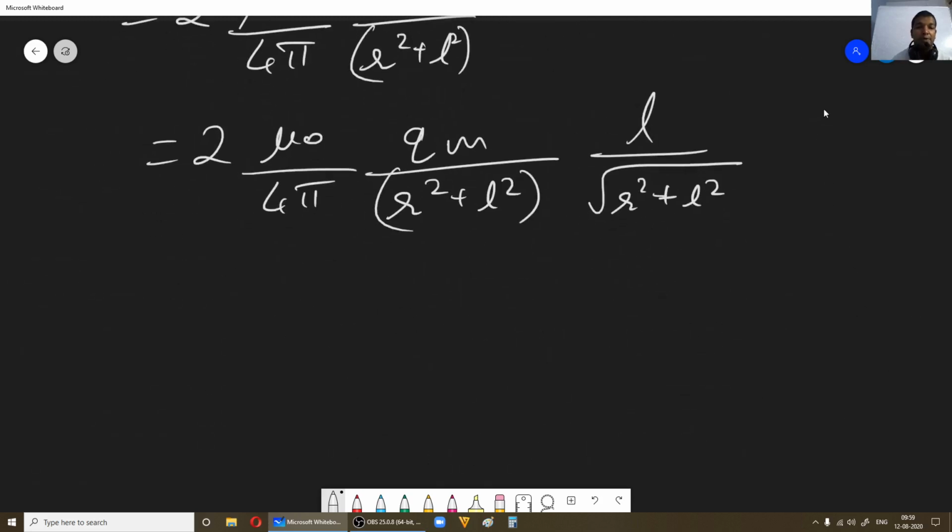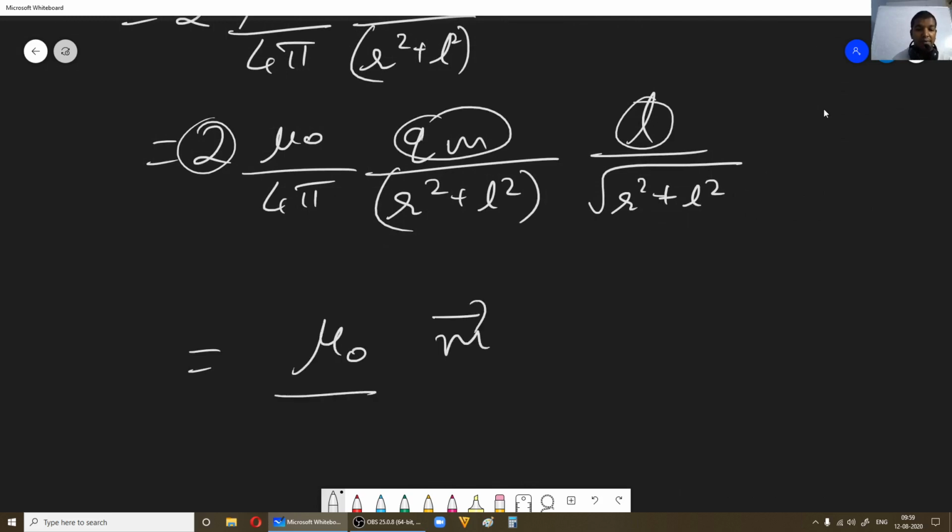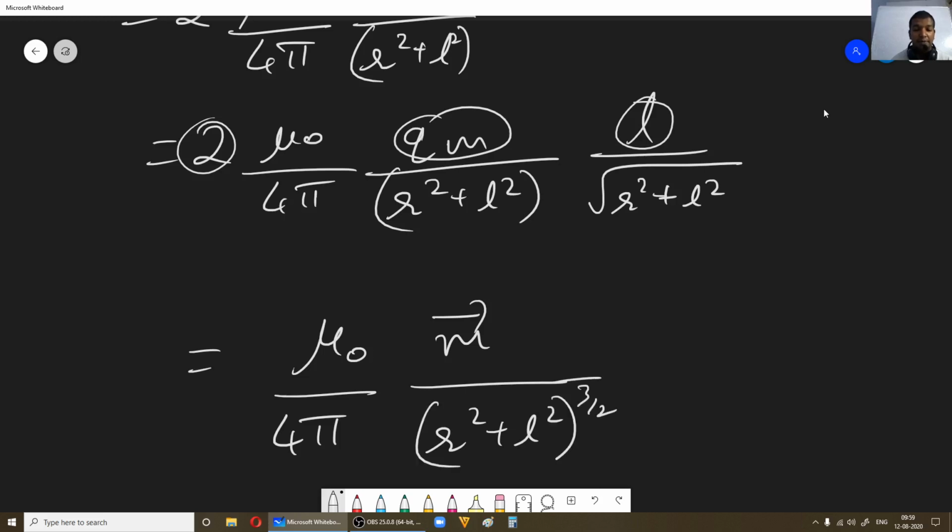Now the next step: 2L into qm can be written as m, 4 pi as it is, and here you have R square plus L square whole power 3 by 2. So this is your equatorial magnetic field.